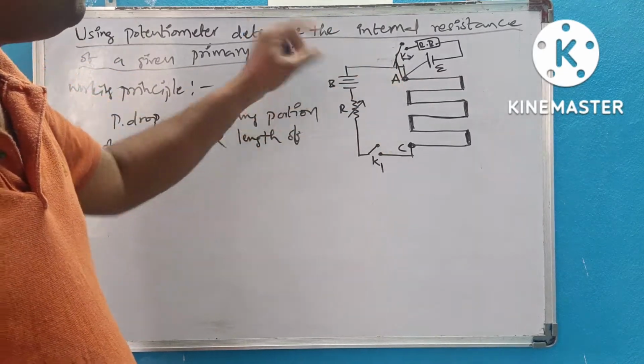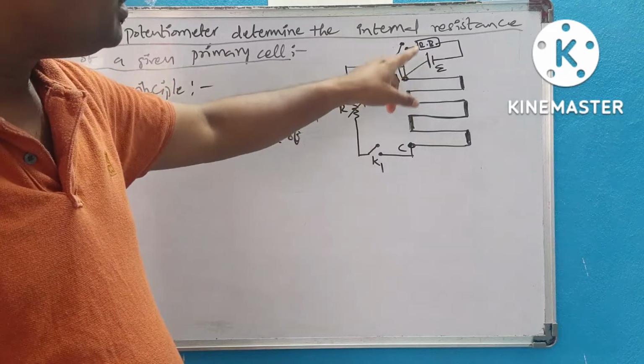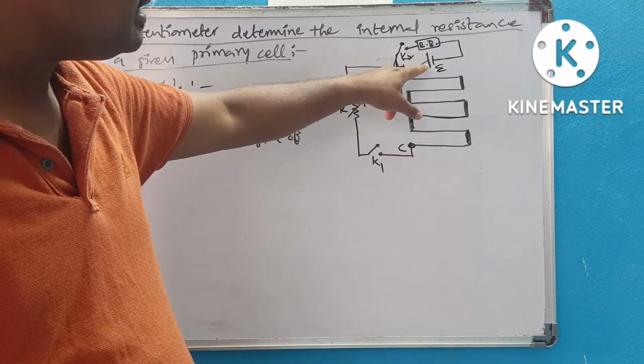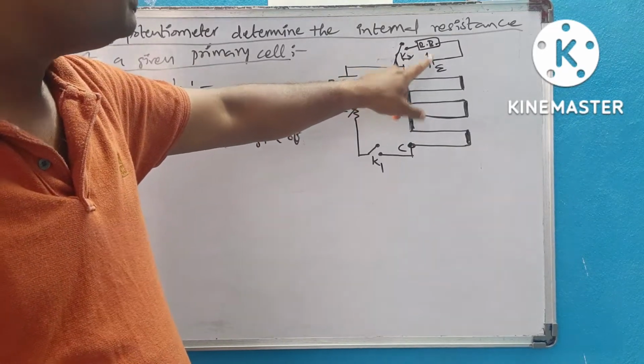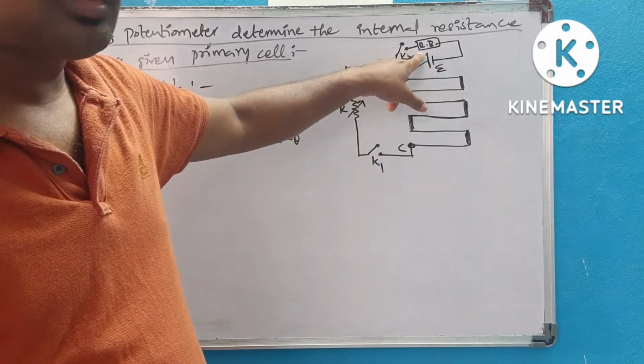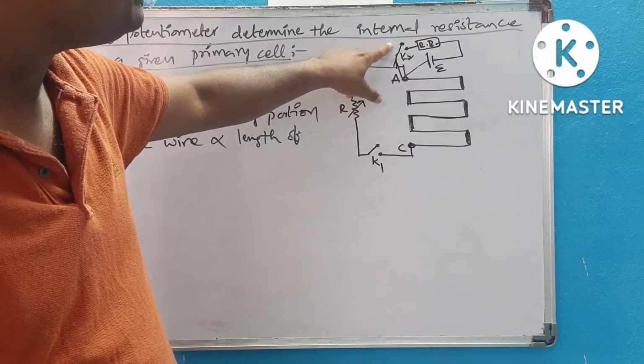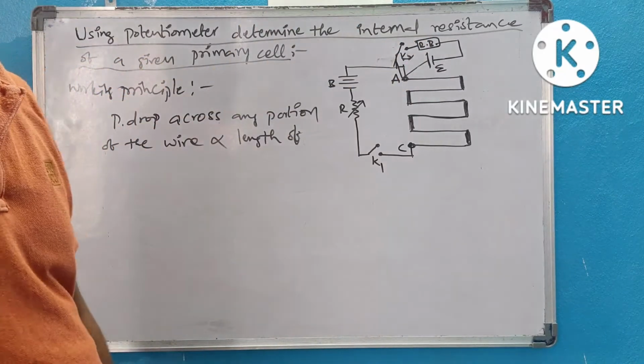Now we need to calculate the internal resistance of this primary cell. The cell is connected and the resistance box is connected through the key K2 to the point A.